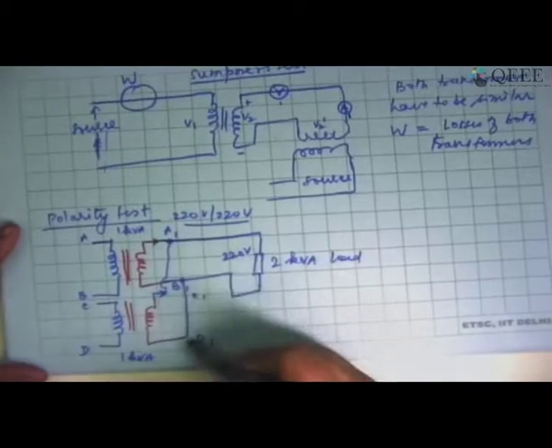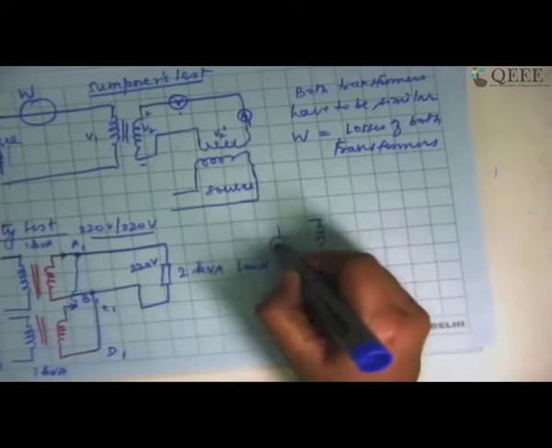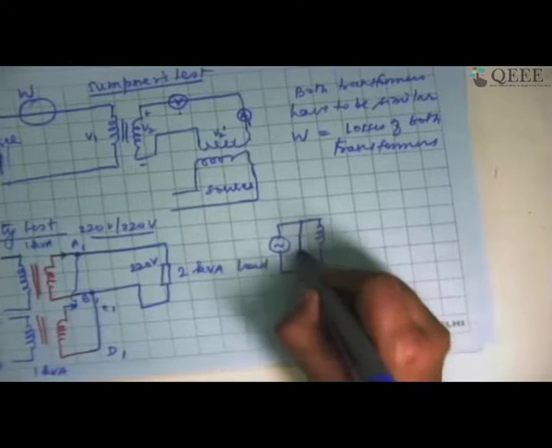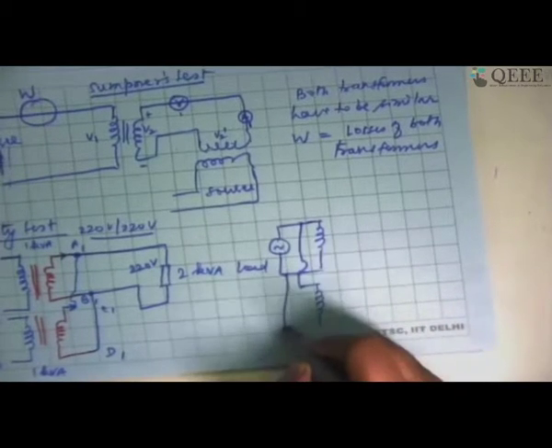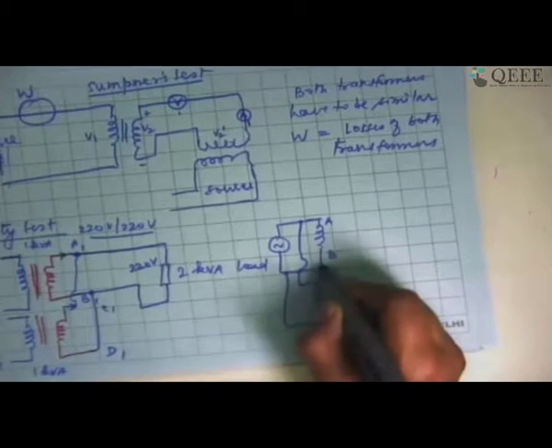Similarly, B1 and D1 are having the same polarity. So for this, what I will do is I will apply a voltage source here across AB, and I'm going to connect the same voltage source to CD. So this is AB, this is CD. So you realize that I'm connecting the same voltage source to AB and CD.